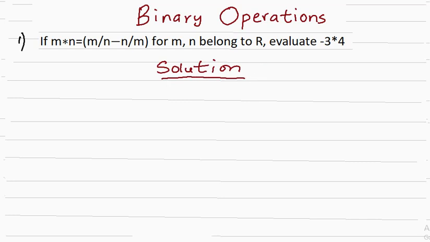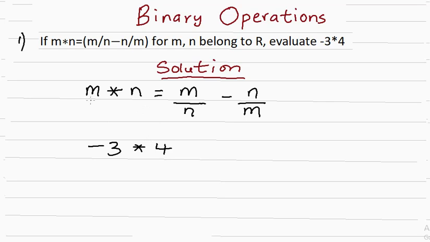The very first question is: if m * n is defined by m/n − n/m, that is the definition of the operation, evaluate −3 * 4. Comparing, for −3 * 4, m represents −3 while n is represented by 4.